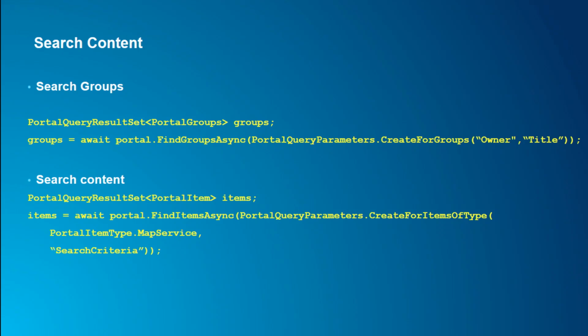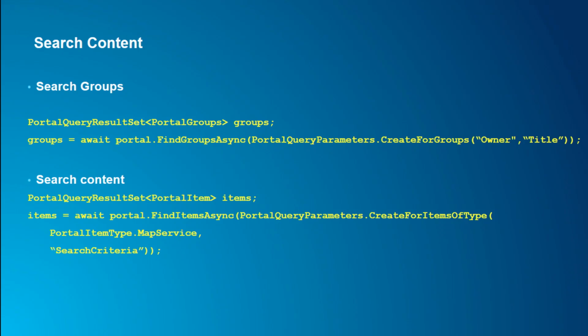And then we have, as well as groups, a similar method for finding items. The one that I've got here is find items async. So that's the method, and again we can use that portal query parameters to define which type of items we want to return. So in this scenario, we're using create search terms for items of a certain type.